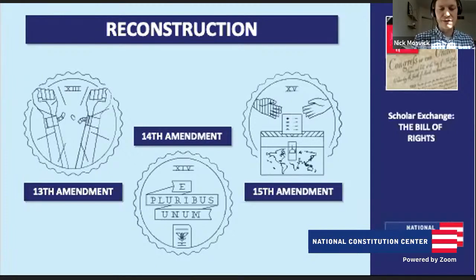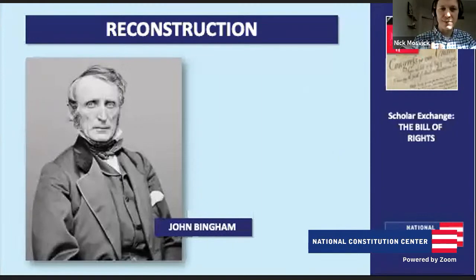And the framer of that amendment, John Bingham, had long thought that the Supreme Court got it wrong in 1833. John Bingham thought, look, the Bill of Rights were supposed to always give us this rule of equality, right? They were supposed to protect all people against any infringement of their rights. It doesn't matter what government did it. That's what he thought.